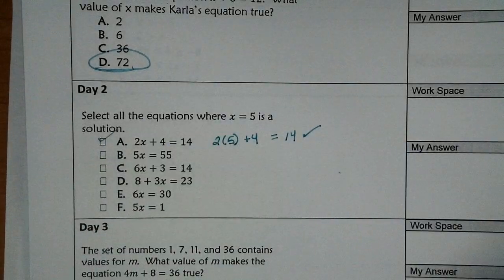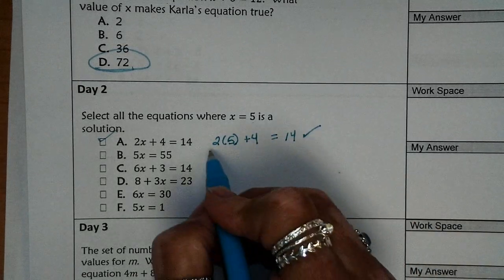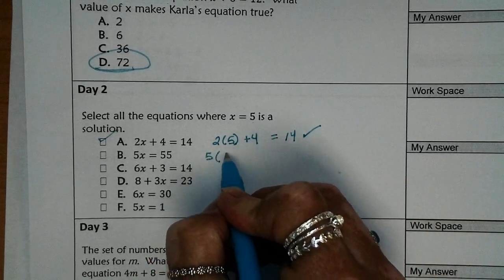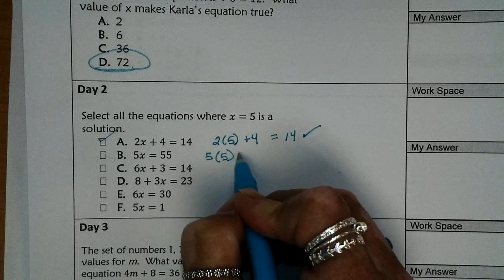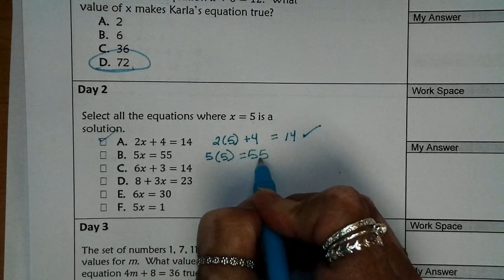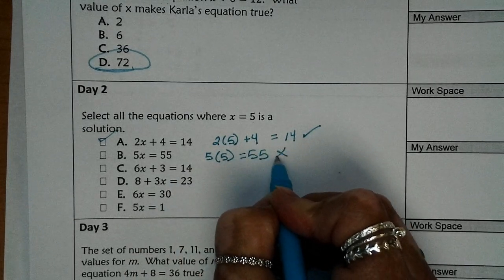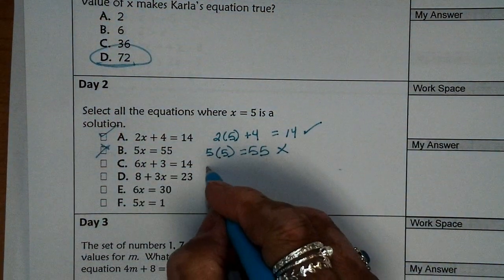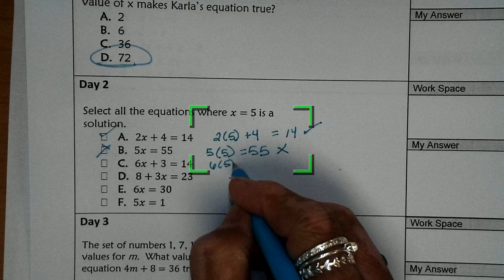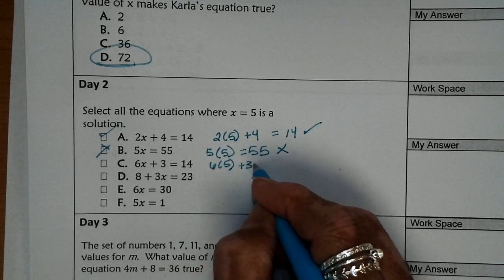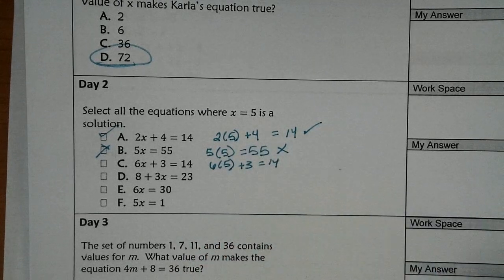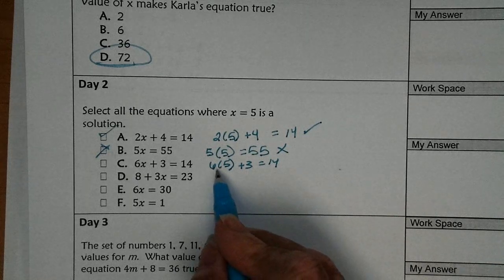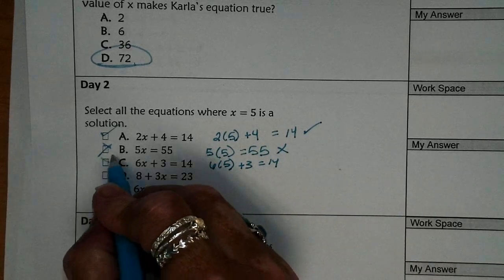So A works. If I substitute in 5 here, do I get 55? 5 times 5 is not 55. Okay, if I substitute 5 in again, do I get 14? No. 6 times 5 is 30.